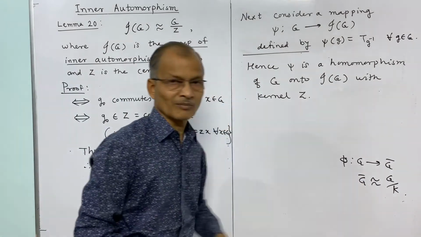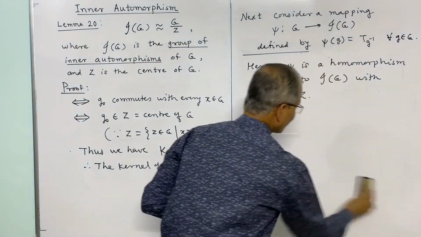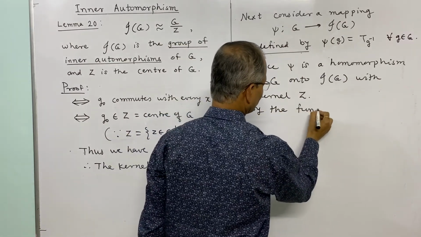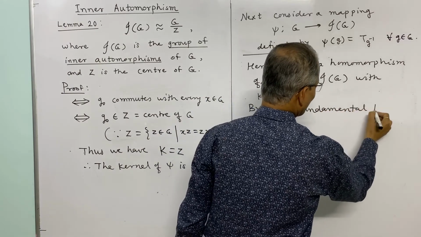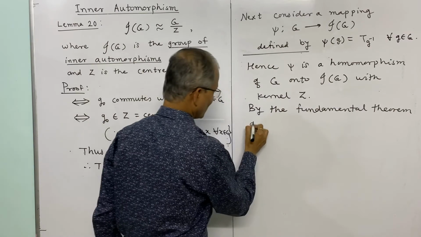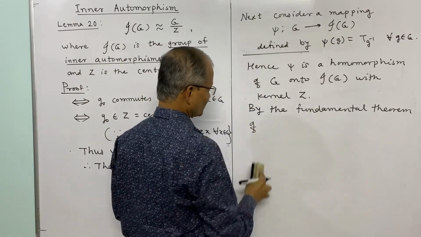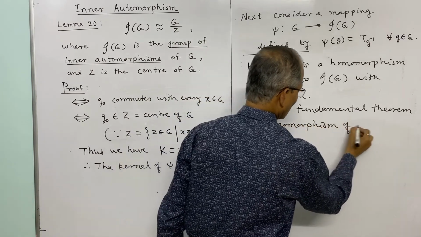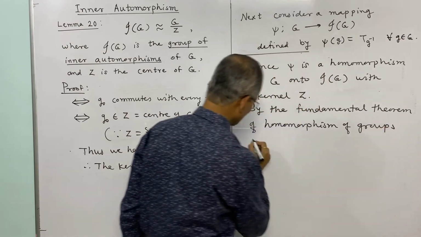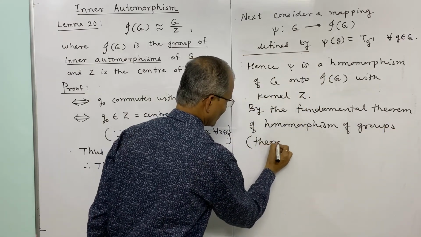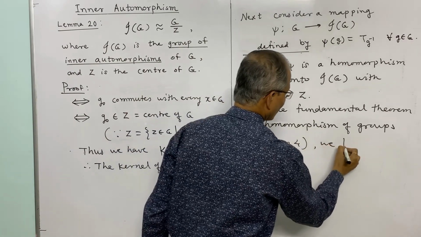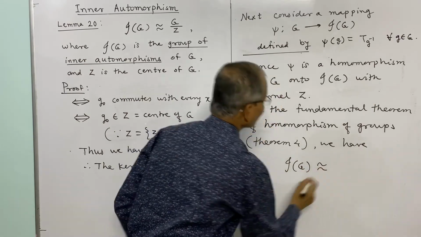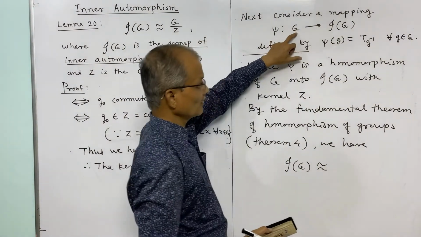Here the kernel we have denoted by K, and hence by the fundamental theorem of homomorphism of groups, this is theorem 4 we have proved, we have IG is isomorphic with G by its kernel.